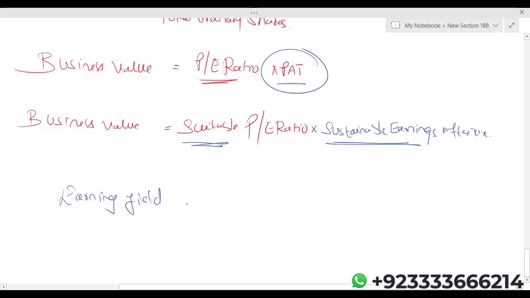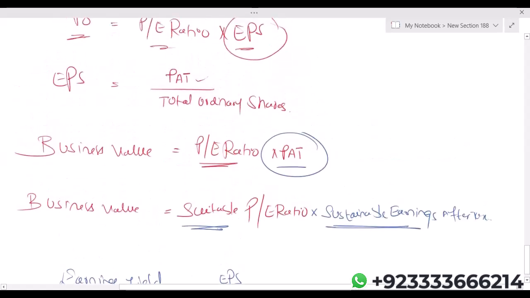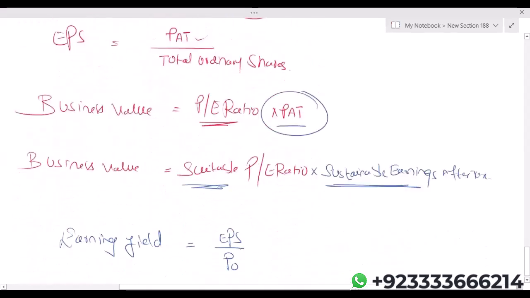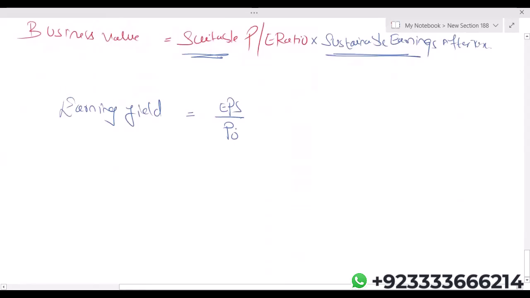Earnings yield is the inverse of P/E ratio. That is EPS upon P naught. If you look at the P/E ratio, it was P naught upon EPS. Earnings yield is EPS upon P naught.